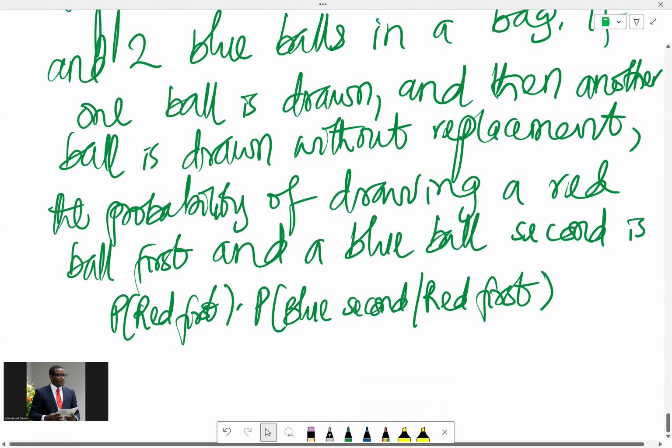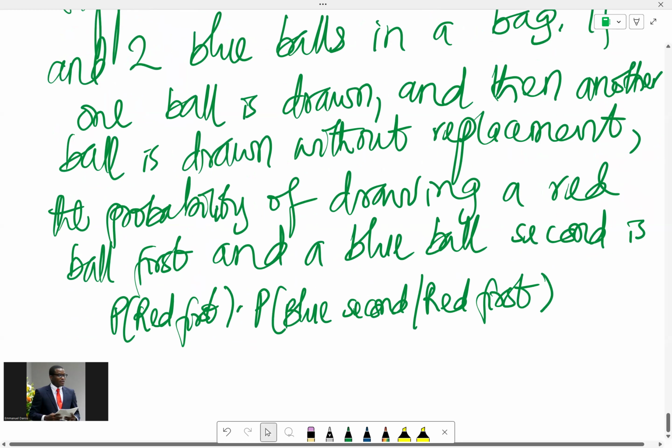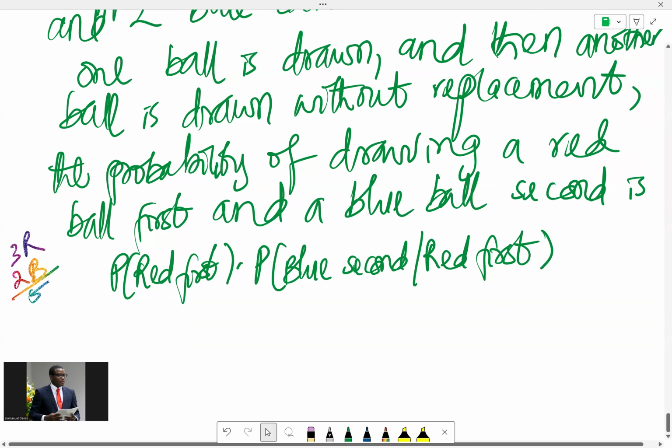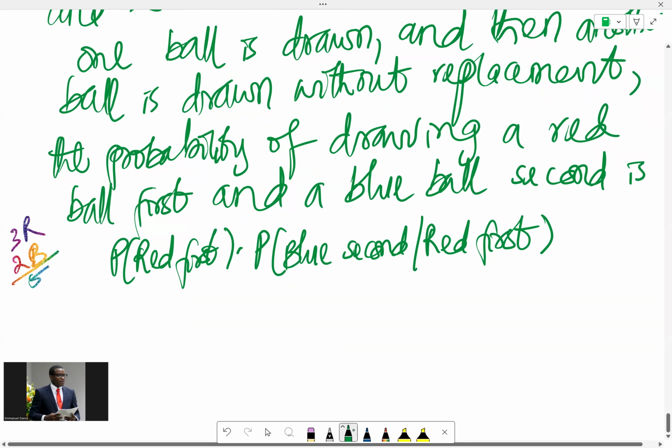So of course, you have 3 red, 2 blue, right? At first, that's a total of 5 balls altogether. So if you draw red first, it's 3 out of 5. That's 3/5 multiplied by the time you draw the blue.